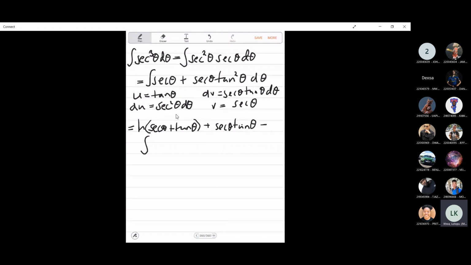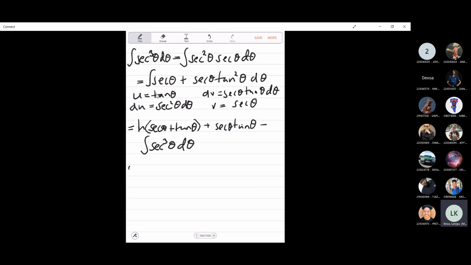That will be sec cubed theta d theta. So you can see this is what I have on the left hand side, and this one here is on the right hand side, so I can collect both of them on the left hand side. See, it's negative. When it goes to the other side, it becomes positive.